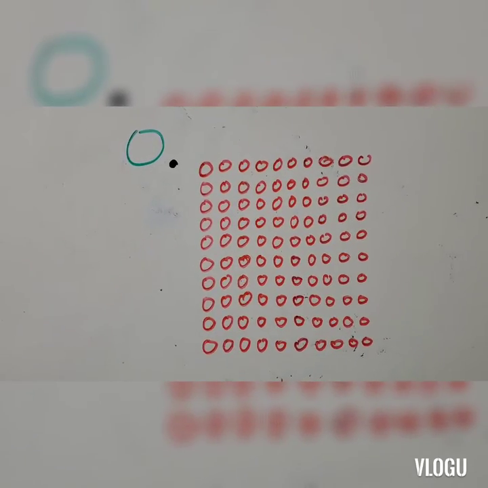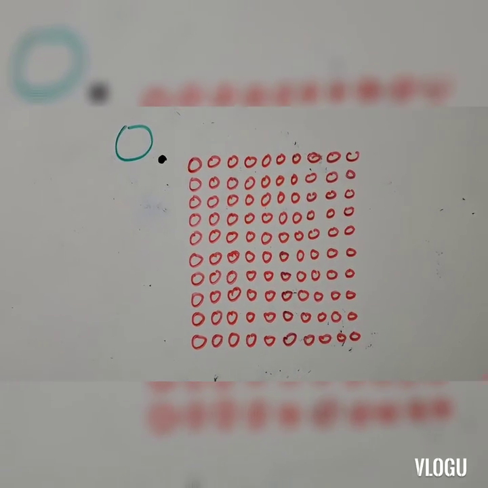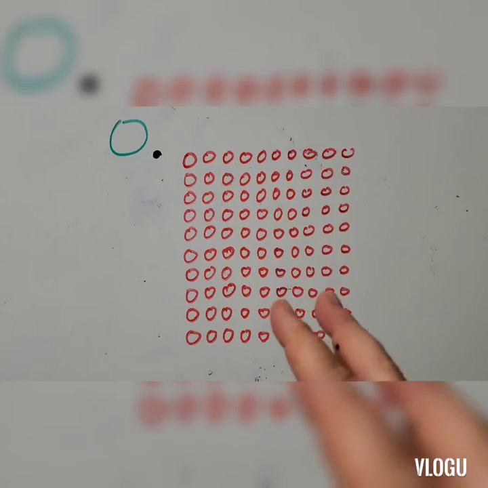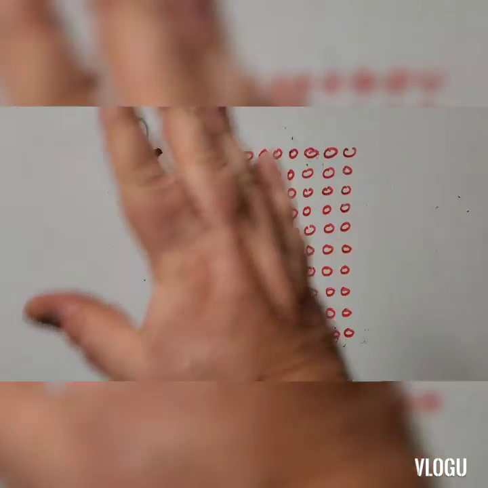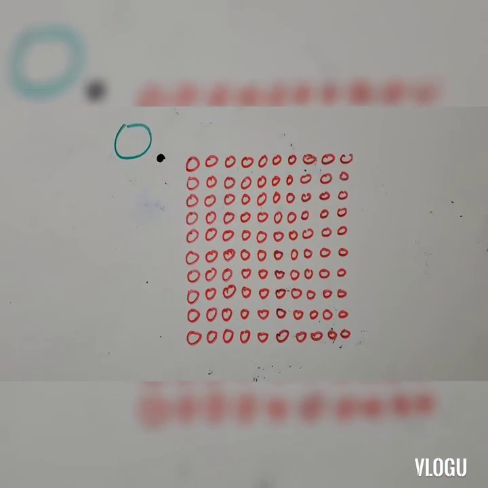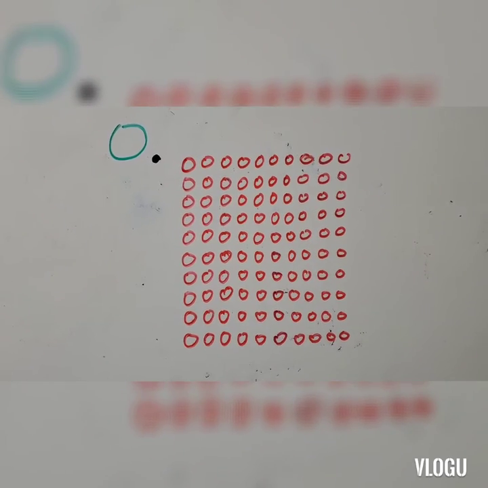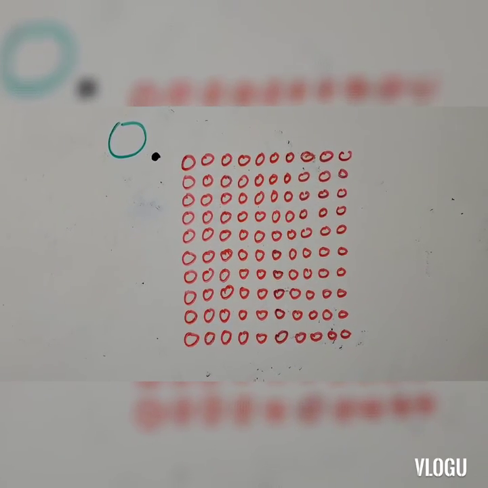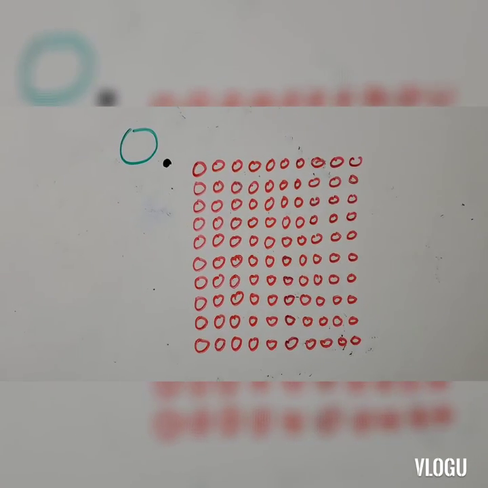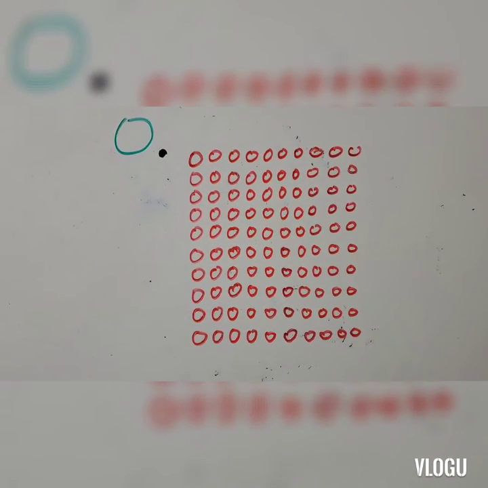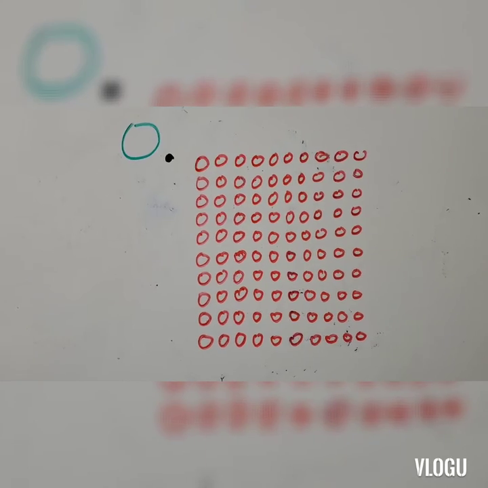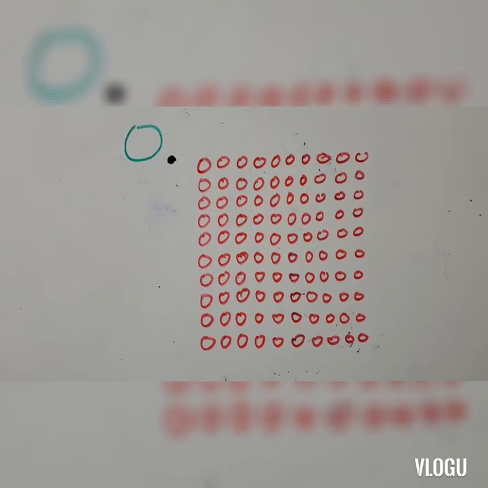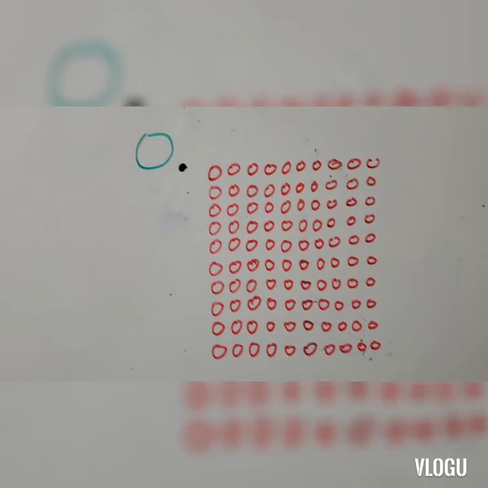So 100 pieces need to come together before it forms a whole. If this was a pizza, they'd be very, very tiny slivers of pizza, because it would take 100 slices all together to make a whole pizza.